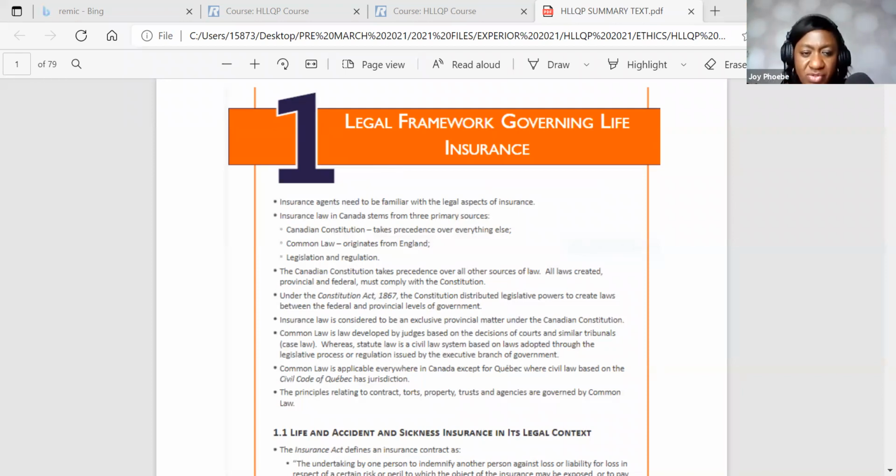All right, so we move on to loss of protection. No, I've done this one. Group insurance policies.